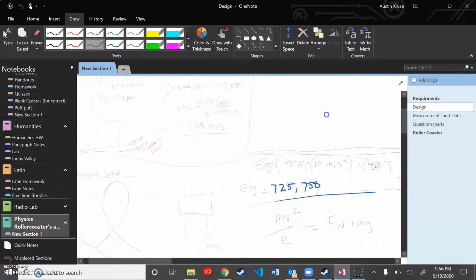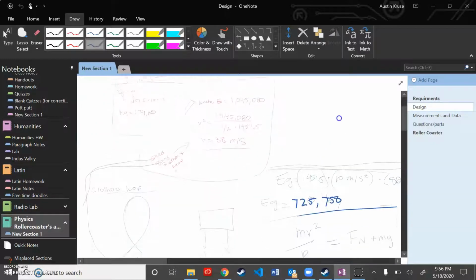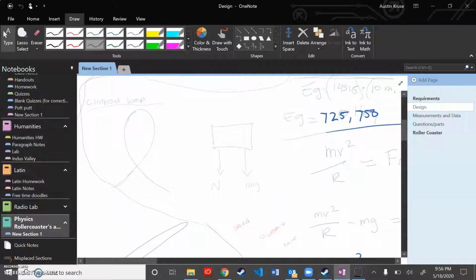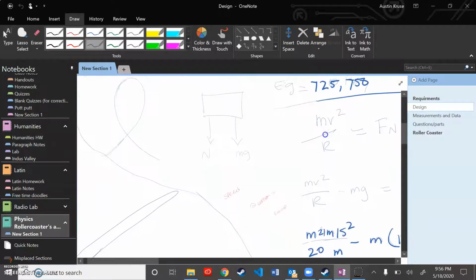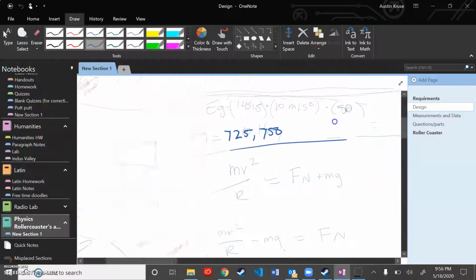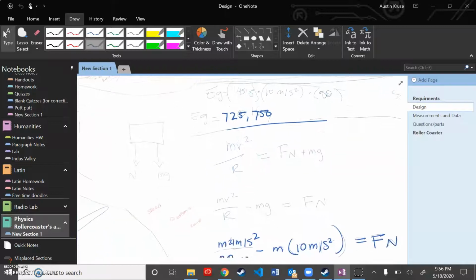And then we figured out the energy at the top of the loop, starting over here. Here's our free body diagram. And I believe, no, that's hill number 2. Calculations are over here.